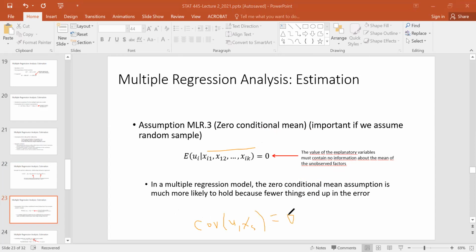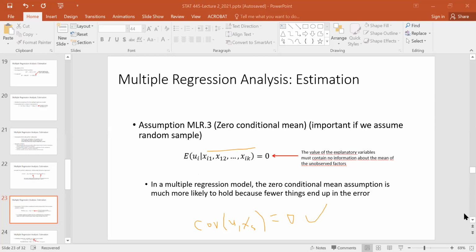But this assumption is stronger than that. So your regressors and the error should not be related, but more precisely, the regressors should contain no information about the mean. I'll see if I can throw more light on that.